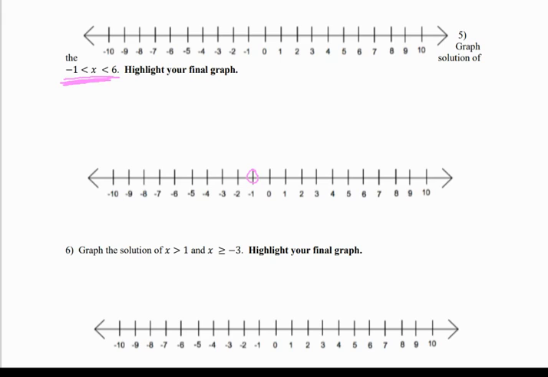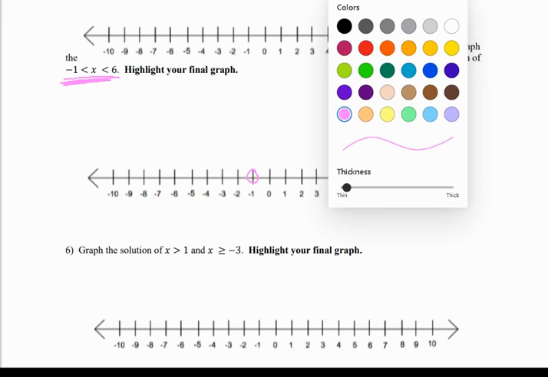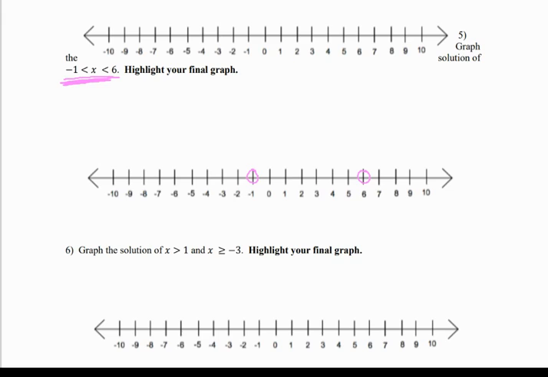Come on. So we have -1 open circle. Our other point will be at 6. Open or closed circle there? Open. Good. Okay. So there's my 2 dots. Now, because this is a compound combined inequality like this, let's not cover this up with what I'm doing in red right now.